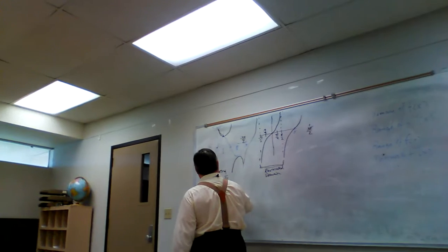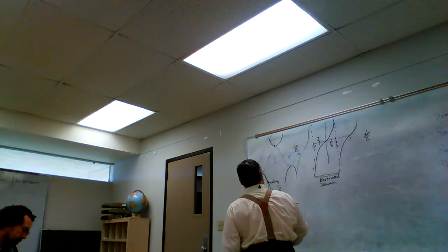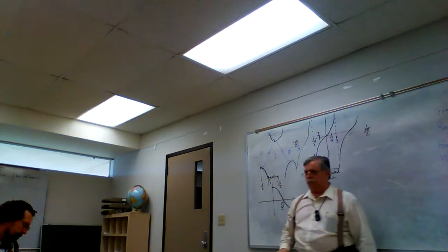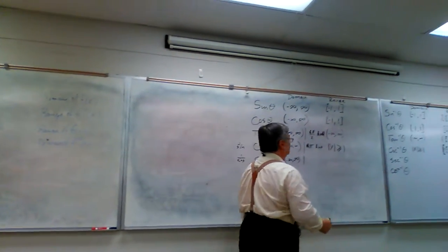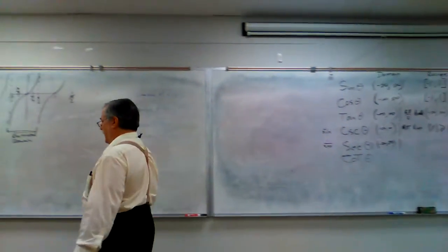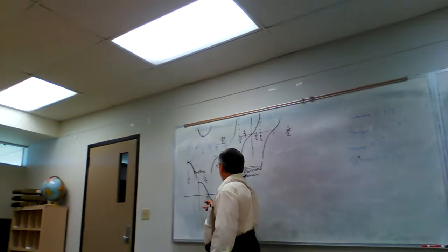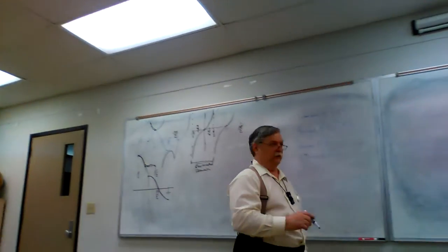Anywhere that the cosine is equal to 0. Anytime cosine is 0, secant theta becomes undefined. And cosine is 0 at odd multiples of pi over 2.